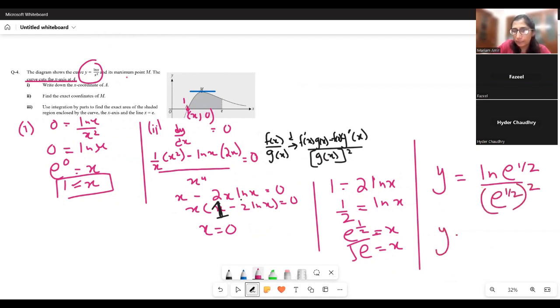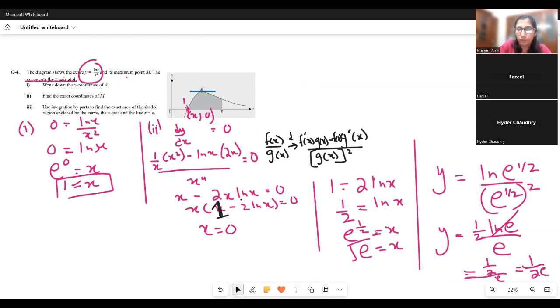So we have an e in the denominator, and the numerator becomes half ln e, and ln e is 1. So we have half upon e, which is just 1 over 2e.